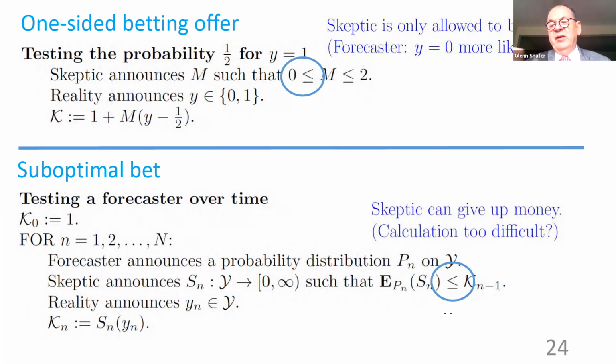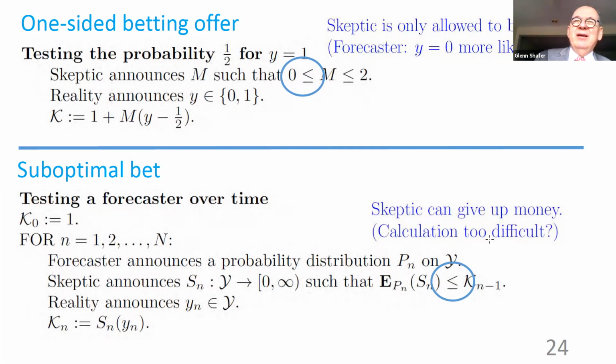Well, probably Skeptic doesn't want to waste money. But in our theoretical work, sometimes we want to make bets to prove something. We want to make bets where it's too hard to get the expected value of our bet to be exactly equal to our current capital. The calculation is too difficult. Maybe the calculation is impossible.